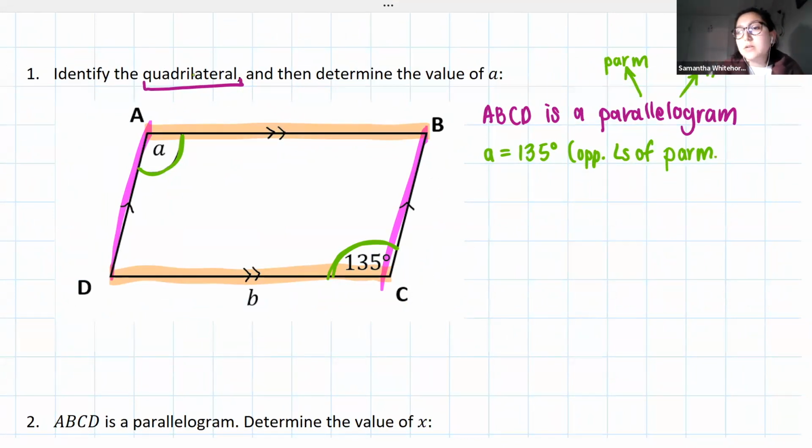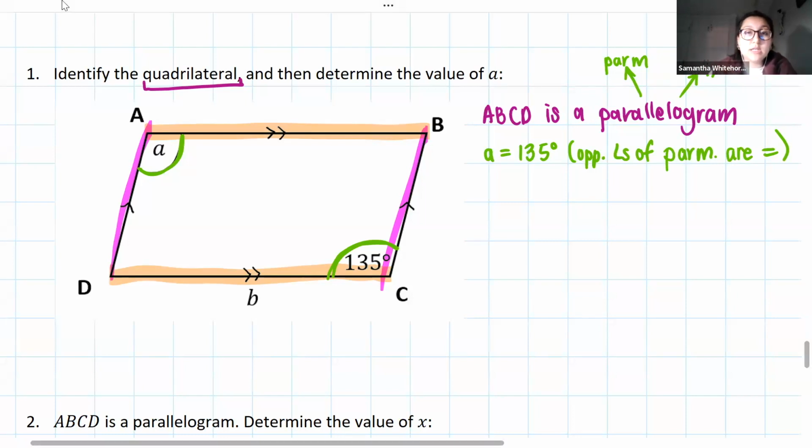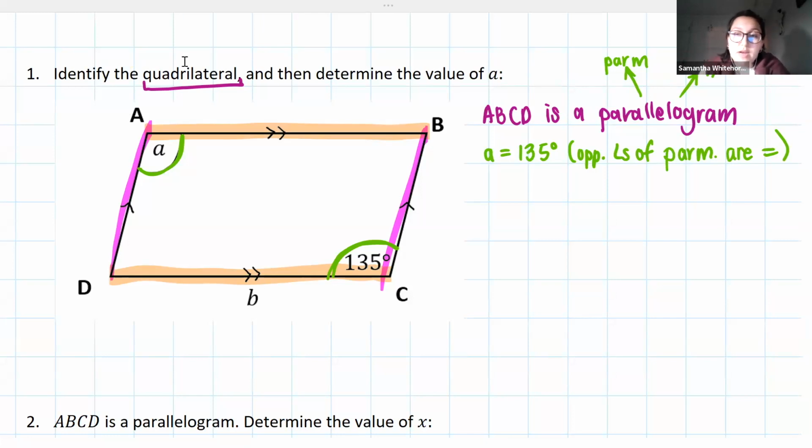So opposite angles of a parallelogram are equal. Because we know what type of quadrilateral we're working with, we can now say what the value of A is.